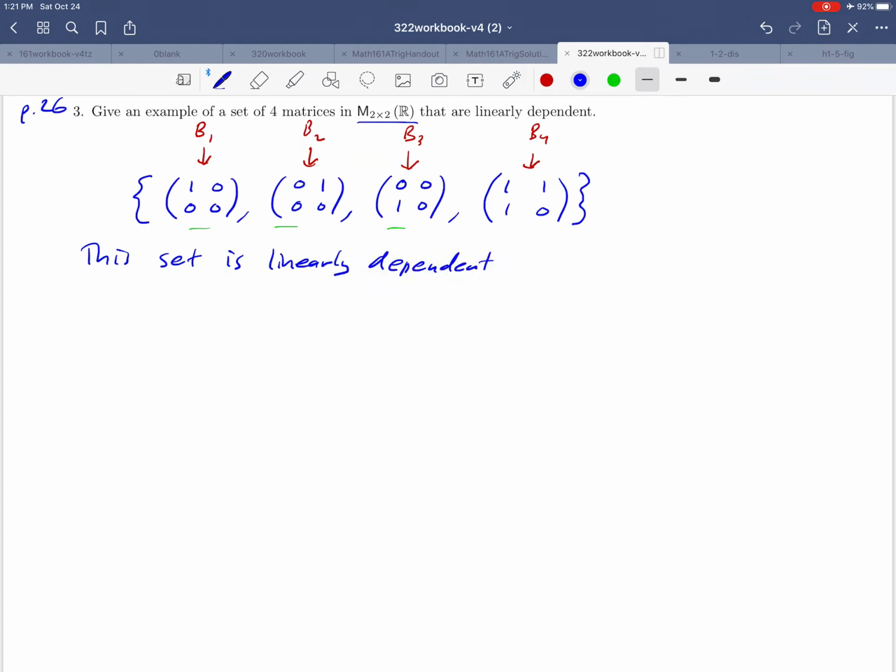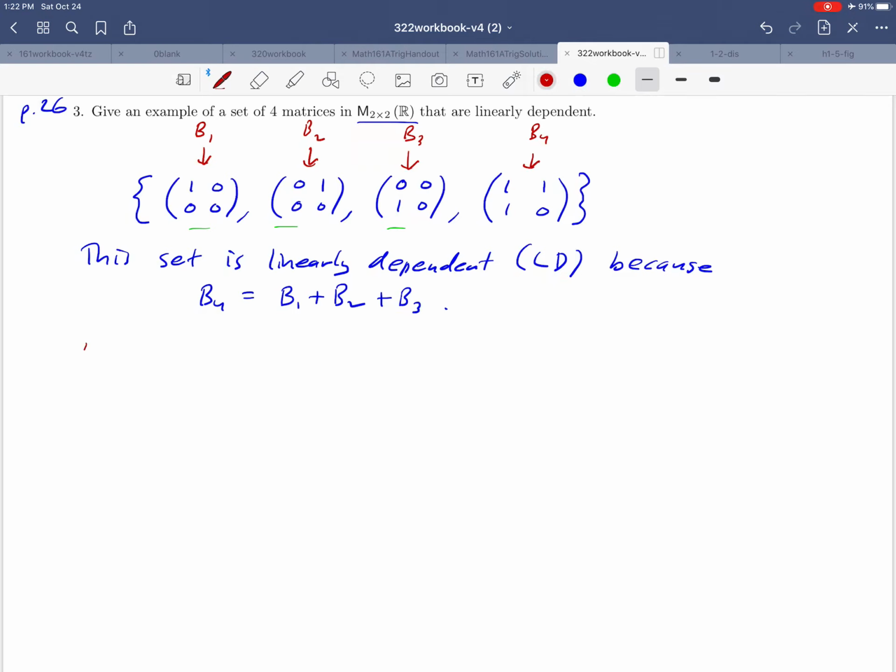That's kind of long to write, so I'm going to often use the abbreviation LD for linearly dependent. Okay, it's linearly dependent because of the fact that we created B4 by just adding up B1, B2, and B3. And that's what we've been calling a dependence relation.